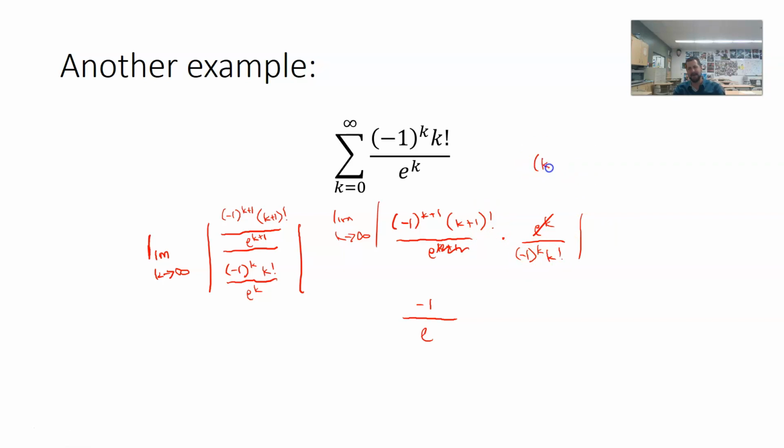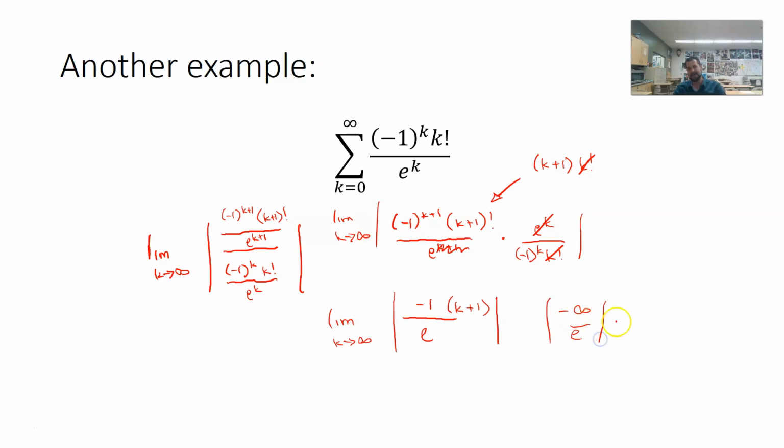If you think about this, k plus 1 factorial is the same as k plus 1 times k factorial. In other words, the k factorials can cancel out, and I'm just left with k plus 1. Now again, this is the limit as k approaches infinity. So I take the infinity and plug it in, and what I get basically is negative infinity over e.